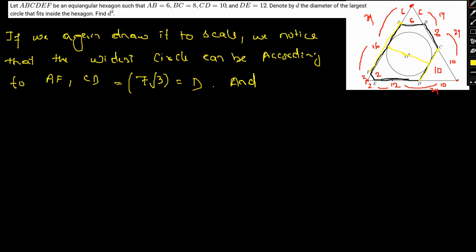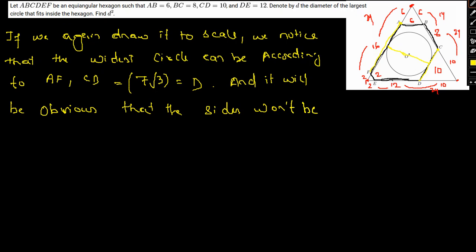And it will be obvious that the sides won't be inside the circle. Therefore, D would be 7 root 3.